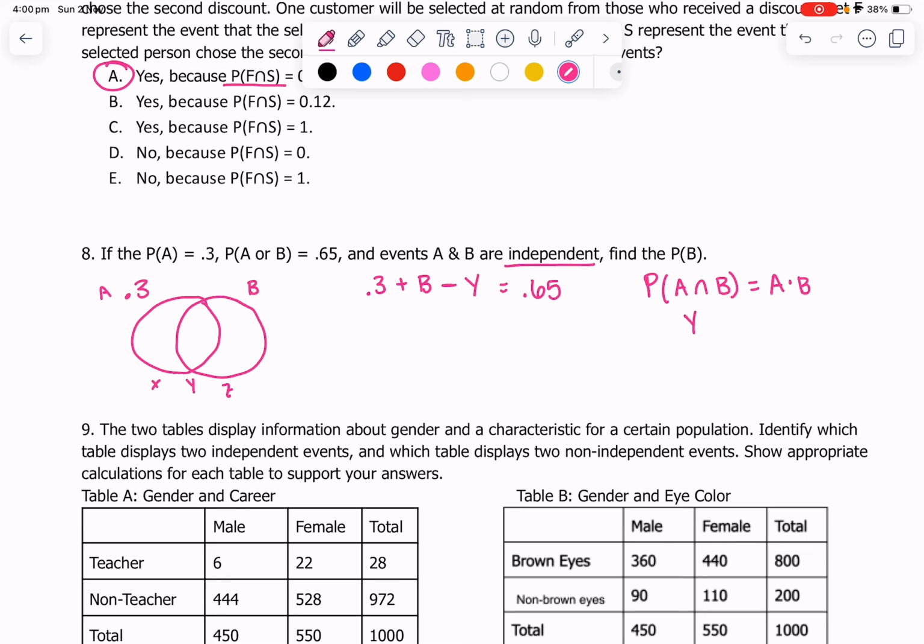So Y is A times B, that middle part. Only because they're independent. So I also already know that A is 0.3.